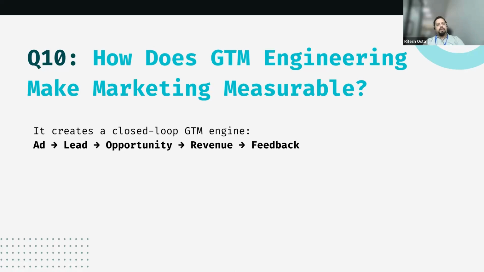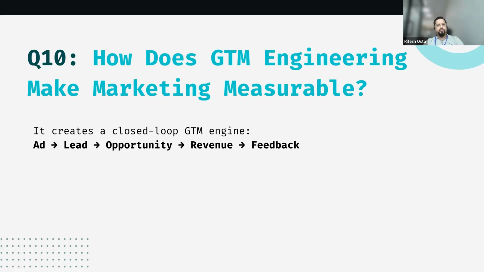How does GTM engineering make marketing measurable? That's good, in terms of data and analytics. I think GTM engineering and automation can play a very important role. For example, if an ad is creating a lead, and the lead is creating an opportunity, which is creating revenue, the GTM engineering as a whole can create a feedback loop around that. Imagine the amount of work 5 years back.